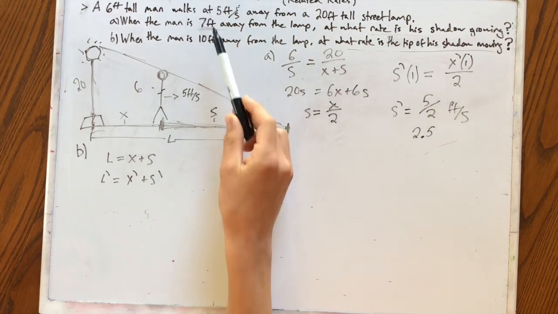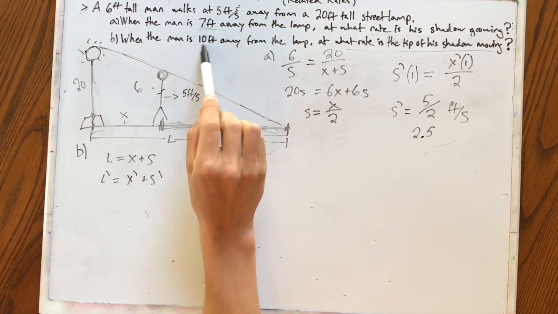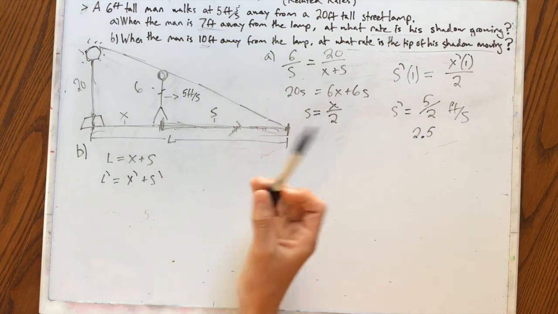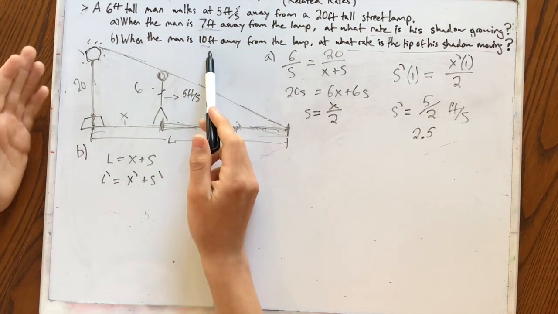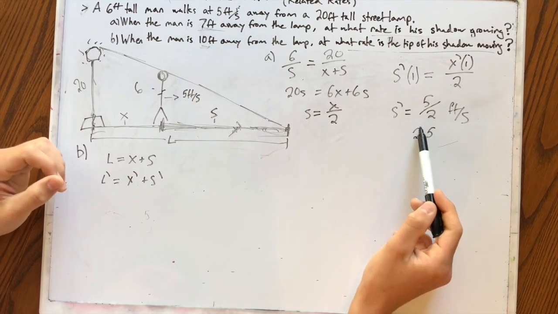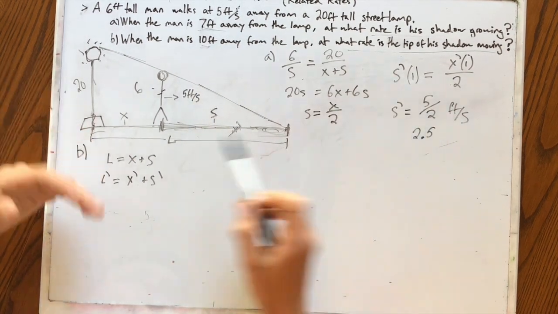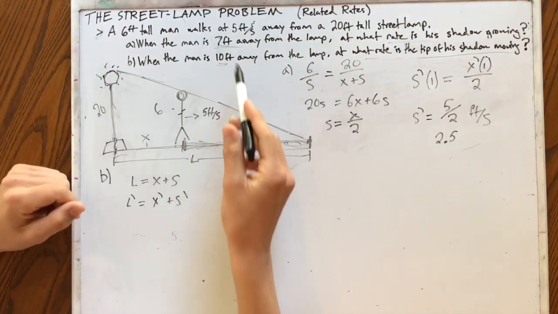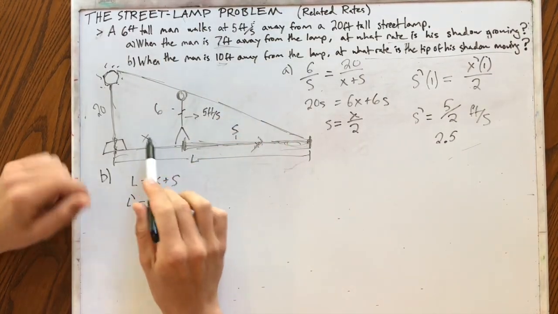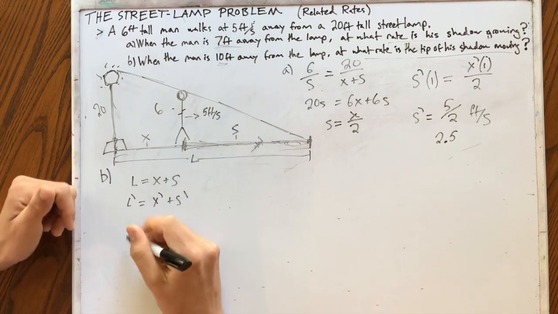There's no variable containing how far away the man is from the lamppost. So S prime is 5/2 for any point where the man is. We know he's walking at a constant rate, so X is constantly changing at 5 feet per second.